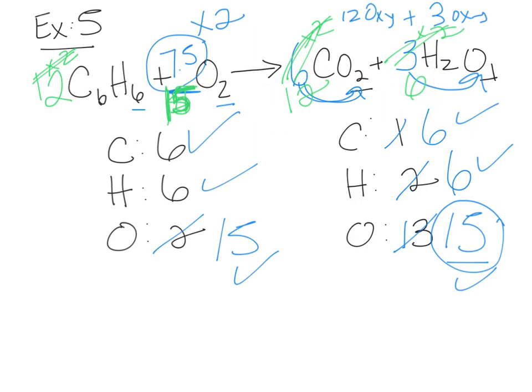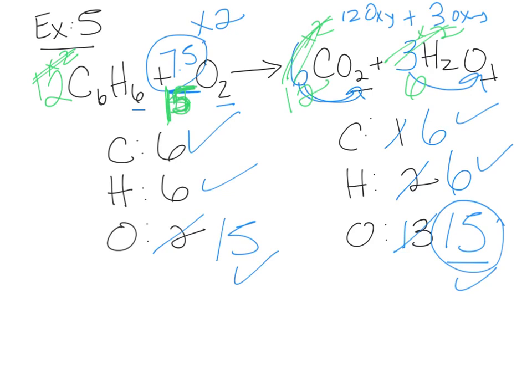And the reason why is because I can't keep this 7.5 decimal that I ended up with. So I had to multiply it by 2 to make it the whole number 15. And if I multiplied this by 2, I had to multiply everything else by 2 as well.